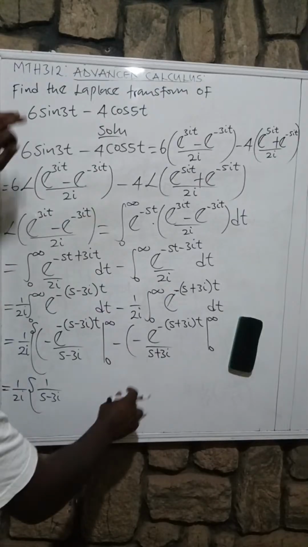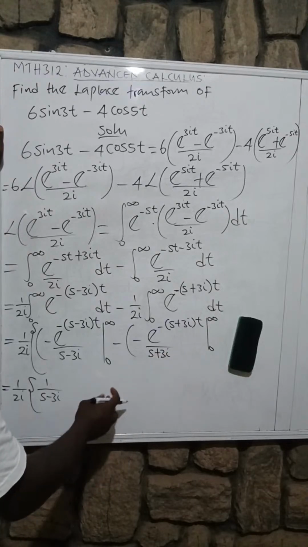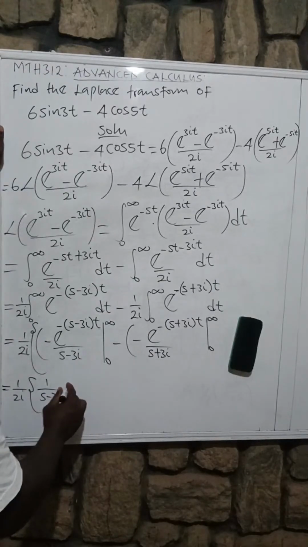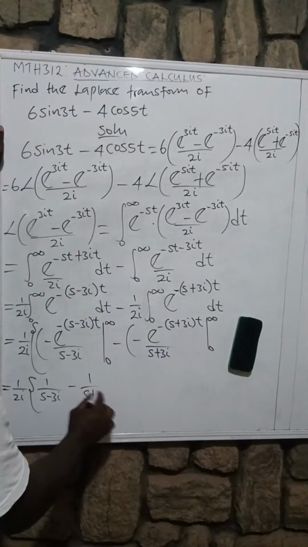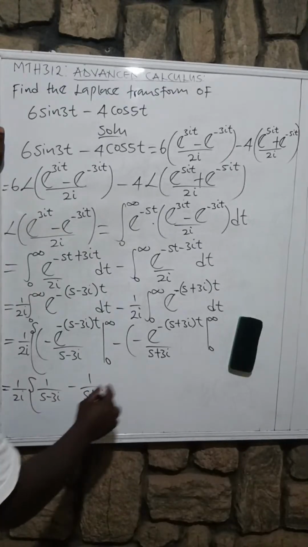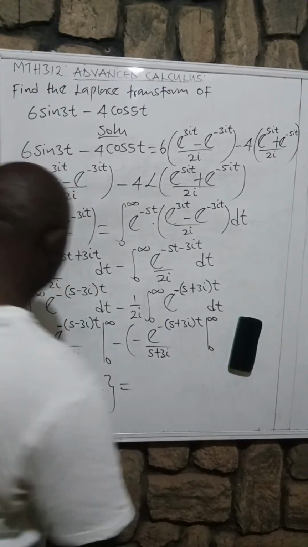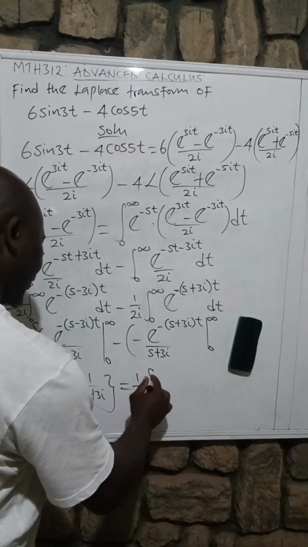Here will be 0 minus 1 all over s plus 3i. So we take the LCM: 1 all over 2i, open brackets.